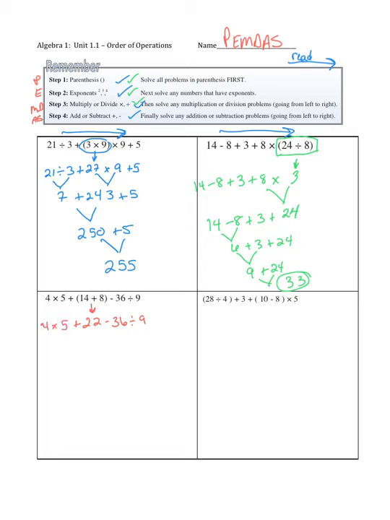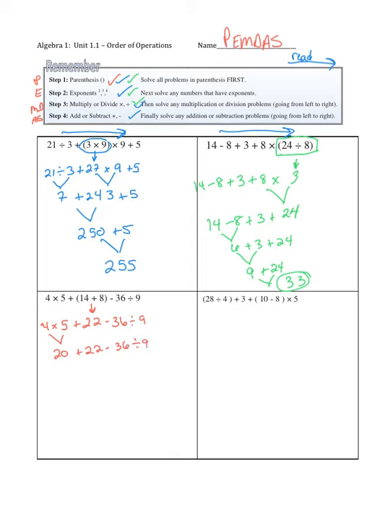Even though adding is way down the list, 14 plus 8 was in parentheses, so it became the first thing we did, okay? Marked off my parentheses step. There are no exponents in here, so I don't have to worry about that. Left to right, multiplication and division. 4 times 5, hey, got to do that one. 20 plus 22 minus 36 divided by 9.